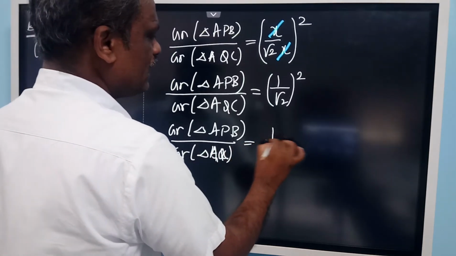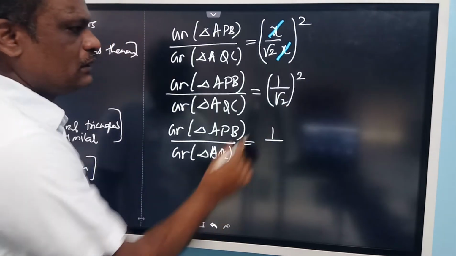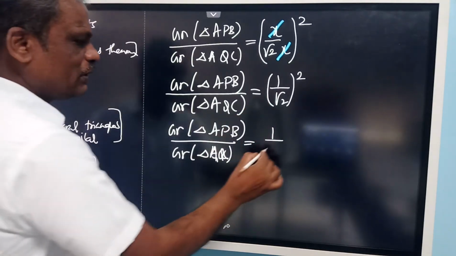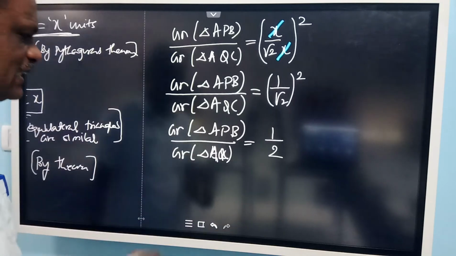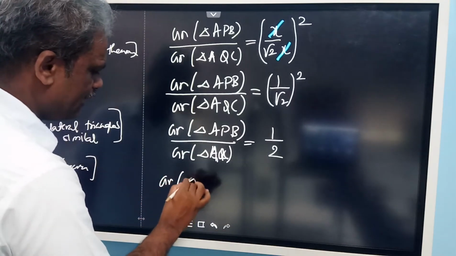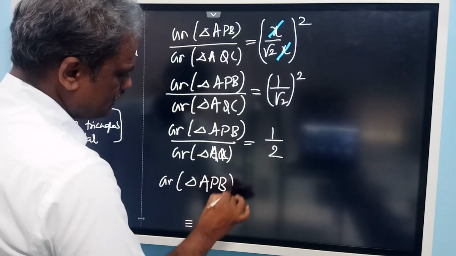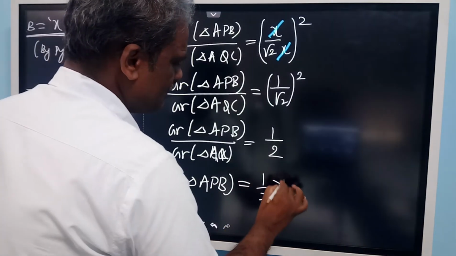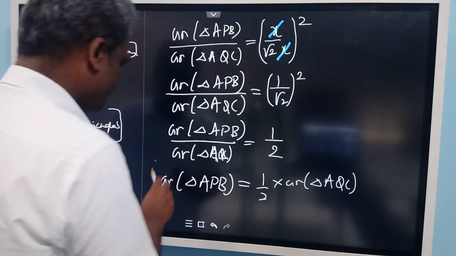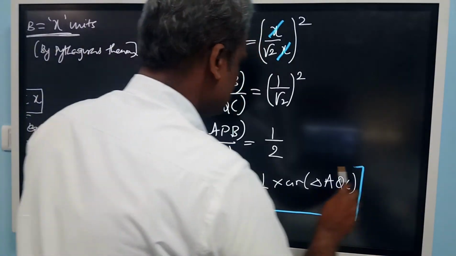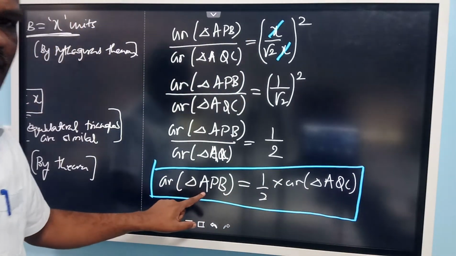So 1 by root 2 whole square becomes 1 by 2. Now you transfer this to the right side. So area of triangle APB will become equal to half the area of triangle AQC. So this is what we wanted to prove. This is the triangle on the side of the square.